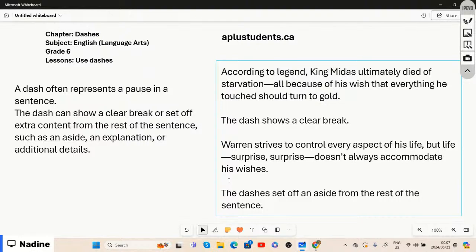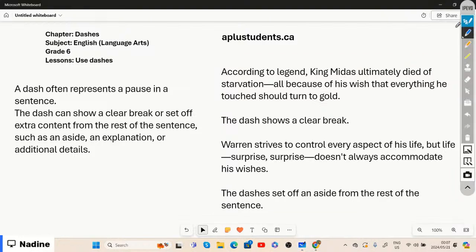But dashes also often represent a pause within a sentence.